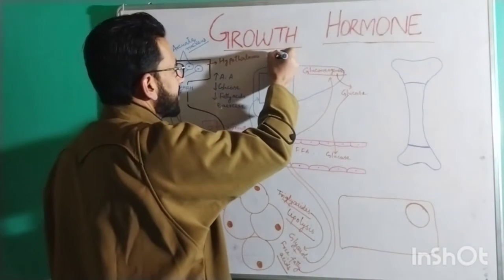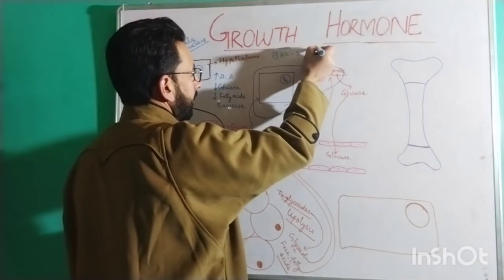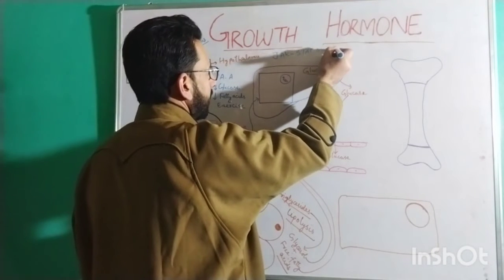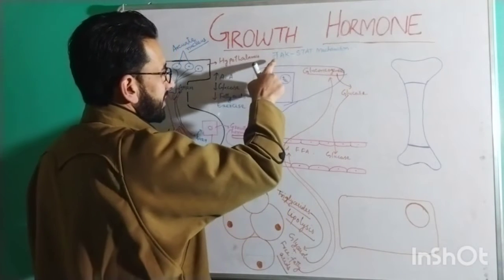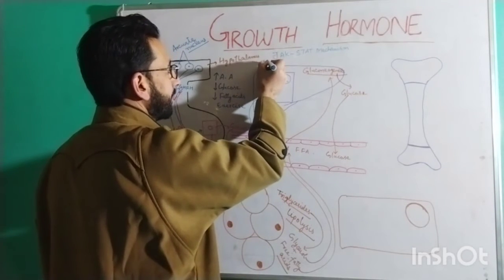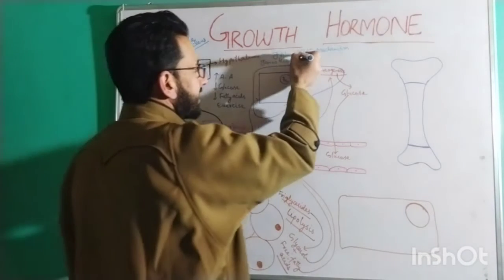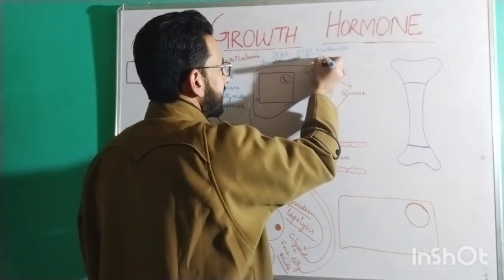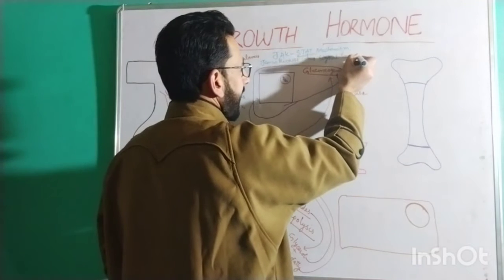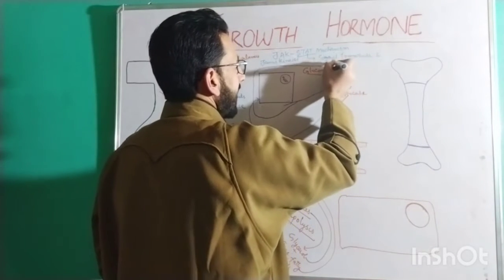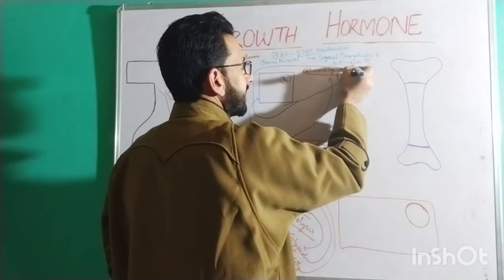That mechanism is called the JAK-STAT mechanism. Now JAK stands for Janus kinases, and STAT stands for signal transducer and activator of transcription proteins.